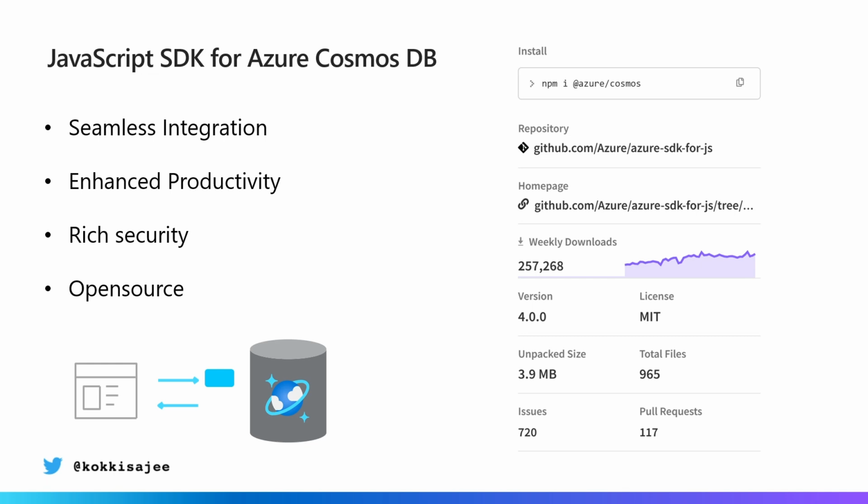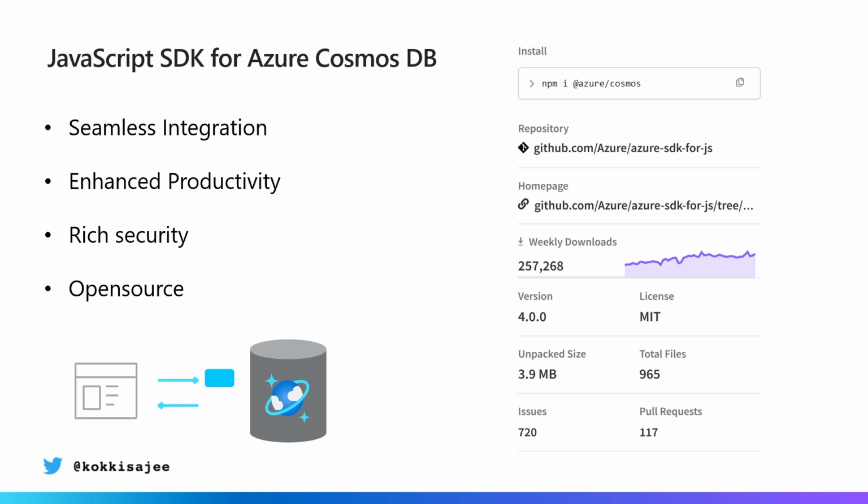And also enhanced productivity. When I say enhanced productivity, we support multiple operations with the JavaScript SDK. I will show a demo of that. If you want to perform some quick queries or read operations or even fetch all data, we provide a continuation token for accessing large data sets and so on. And seamless integration is something that I previously mentioned. So we have tightly integrated with some of the native Azure services like the identity service and storage service.